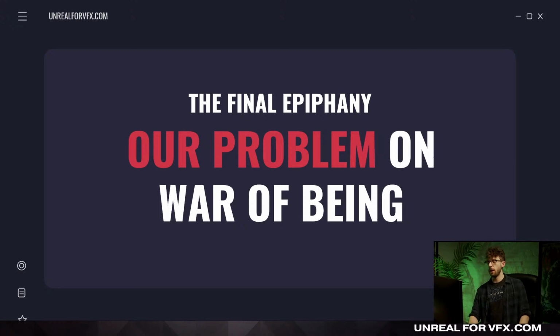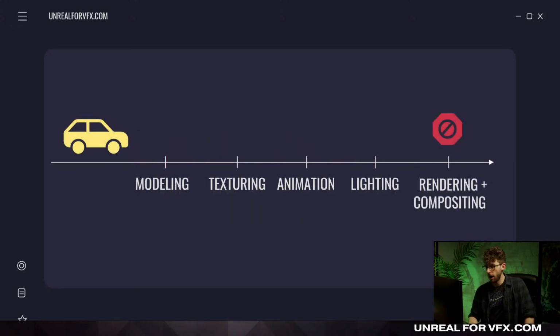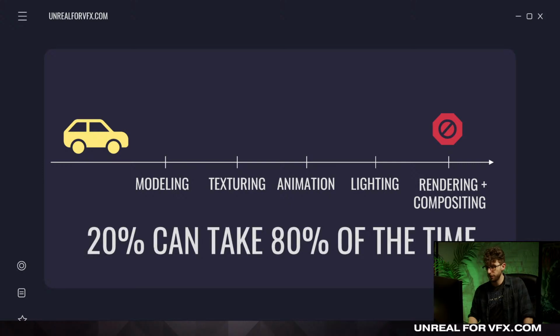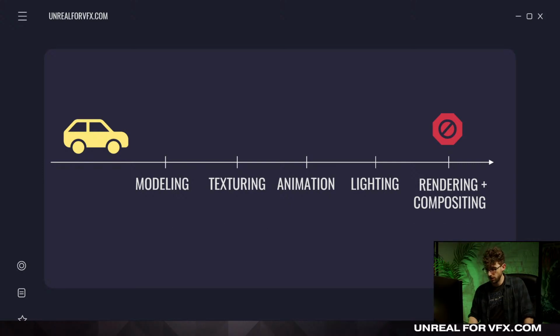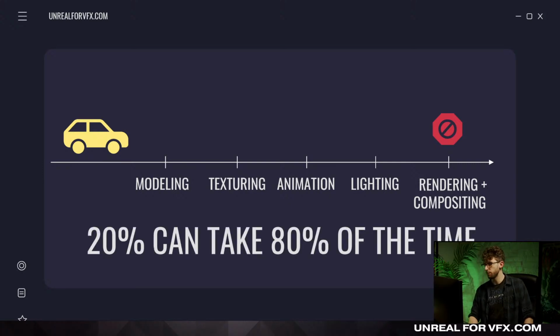But the one thing that I realized on War of Being, our final problem, is that if you're not careful here, that last 20% can honestly take 80% of the time. So all of these shots, it's really, really fast to put all these together inside of Unreal. But if you're not careful, you can take even more time just finishing up the compositing.